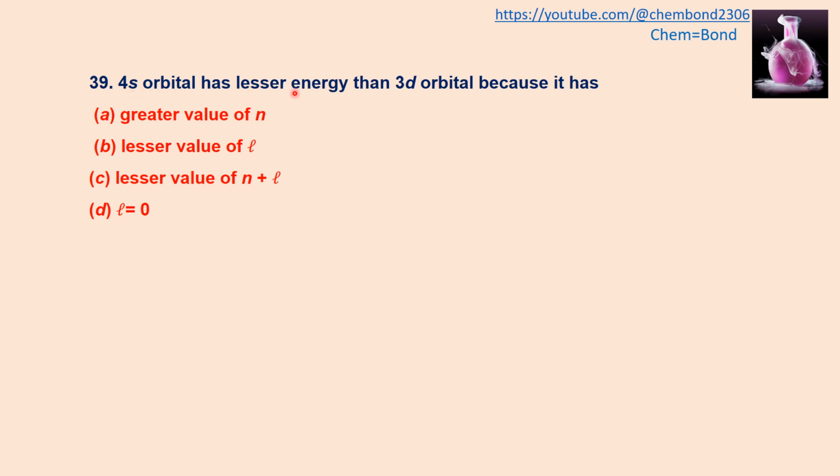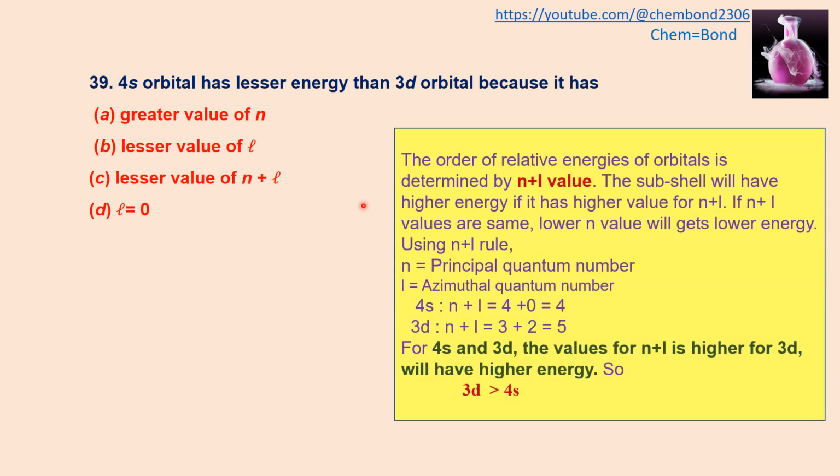4s orbital has lesser energy than 3d orbital because it has a lesser value of n plus L. So we will use the n plus L rule. If the n plus L value is less, it has less energy.